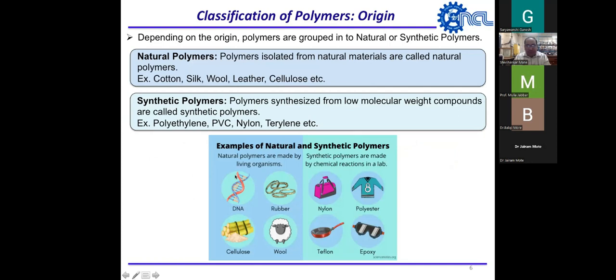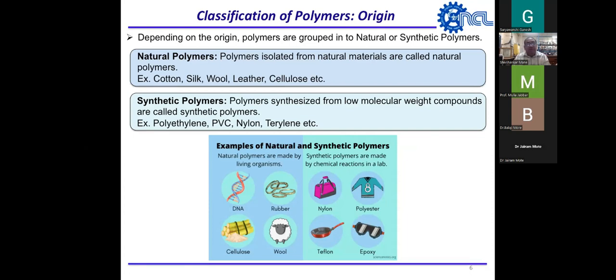Another class is synthetic polymers, the man-made polymers that we synthesize in our lab. For example, polyethylene, PVC pipes, nylons, terylene. You can see these are the synthetic materials prepared for daily life, useful materials from our lab.